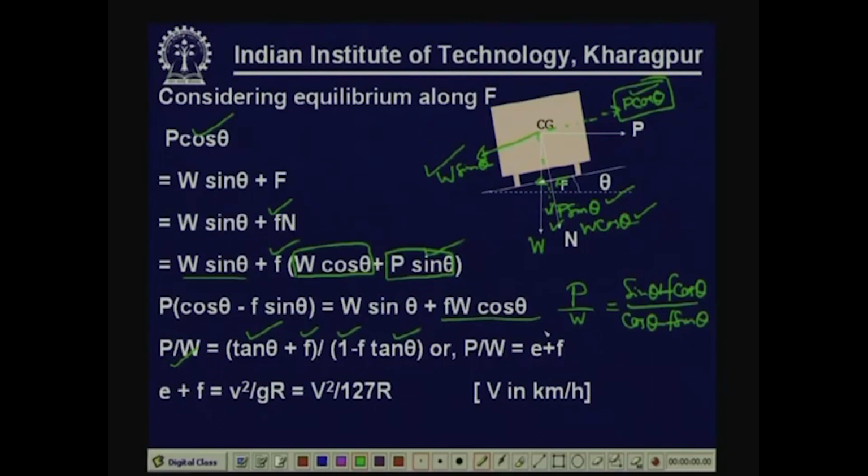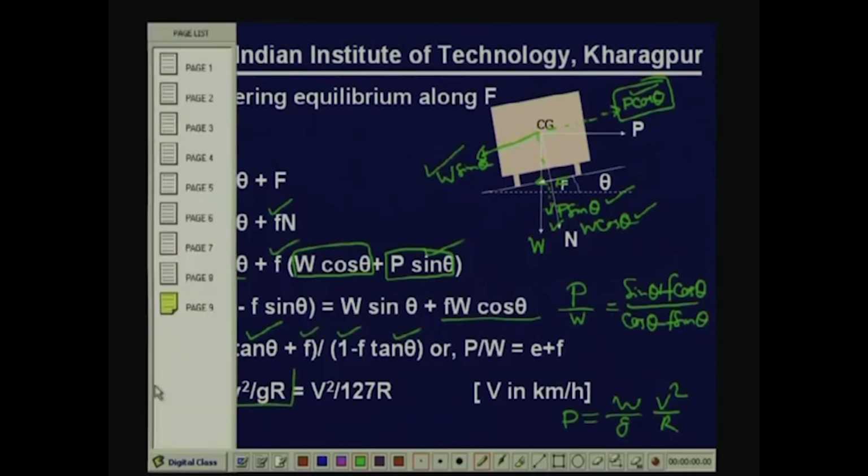Now, if you remember, P by W, or the impact factor, is nothing but V square by g r, because the basic equation was force equal to W by g, V square by r. So, P by W equal to V square by g r. If we replace P by W by V square by g r, then this becomes e plus f equal to V square by g r.